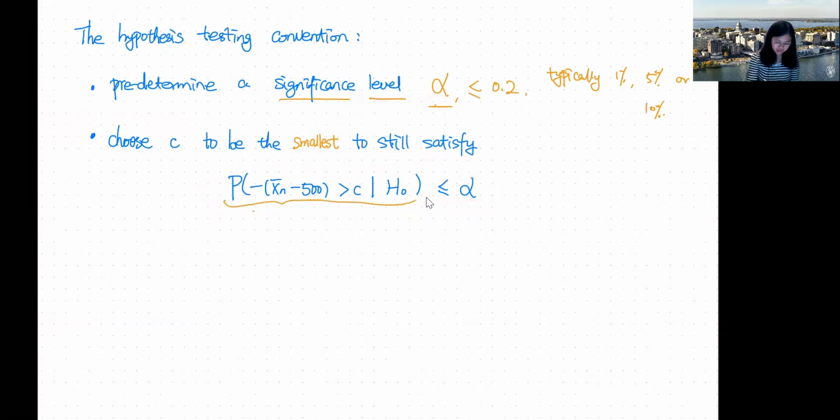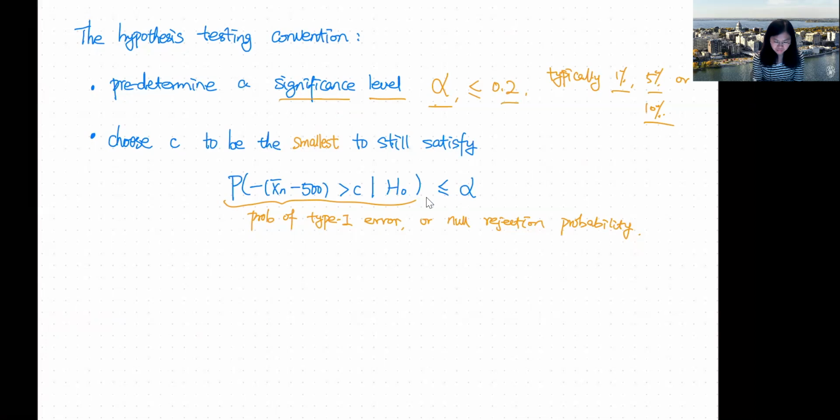So conventional hypothesis testing really doesn't want false rejection to happen very often. You want, first and foremost, to make the false rejection probability, or probability of type 1 error, to be below some small number.